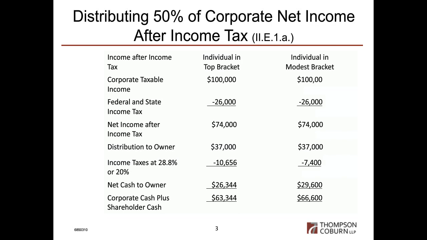So that's our net after tax, and the effective tax rate on that is about a 1/3 tax rate. $100,000 times a third will give you $33,000 or so in taxes to come up with the $66,600, and that is summarized on a later slide. Now we're going to move on to slide 4.